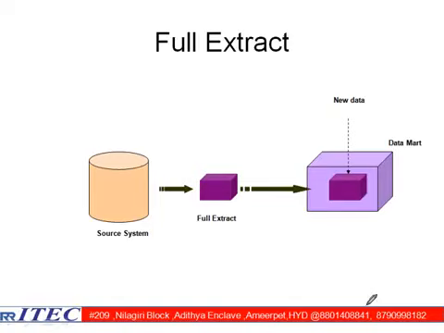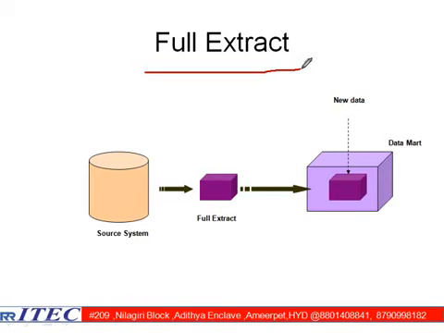In the target, whatever data is available, we override it entirely. From the source we take all the data, and we override the existing data on the target side. You got my point? Full extract means the previous data is not available here; we are overriding the entire thing.